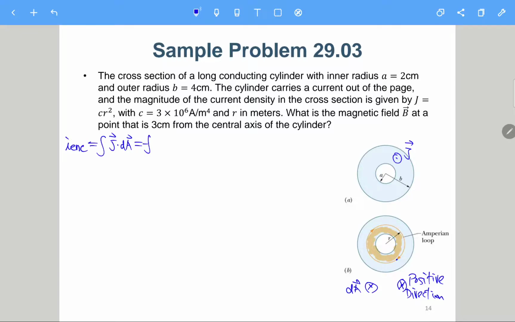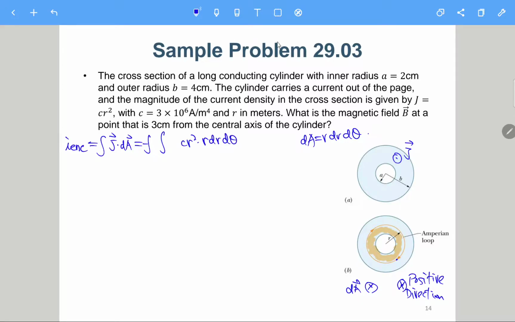So we have minus, since J is C r squared, so we have C r squared. And of course we know dA in polar coordinates should be r dr d theta. Maybe I should leave some space here because it should actually be a double integral.